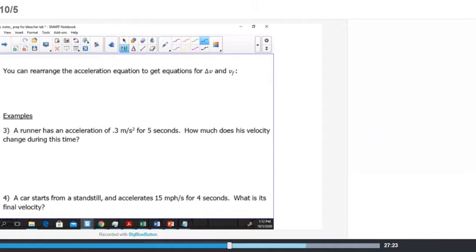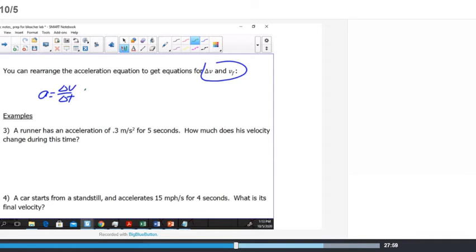Let's do the next one here. We can also rearrange our equation like we did with our velocity equation. And we can get different equations if we want to find for delta V or VF. So how do we do that? We start off with a equals delta V over delta T. If we want to get delta V by itself, what do we do?